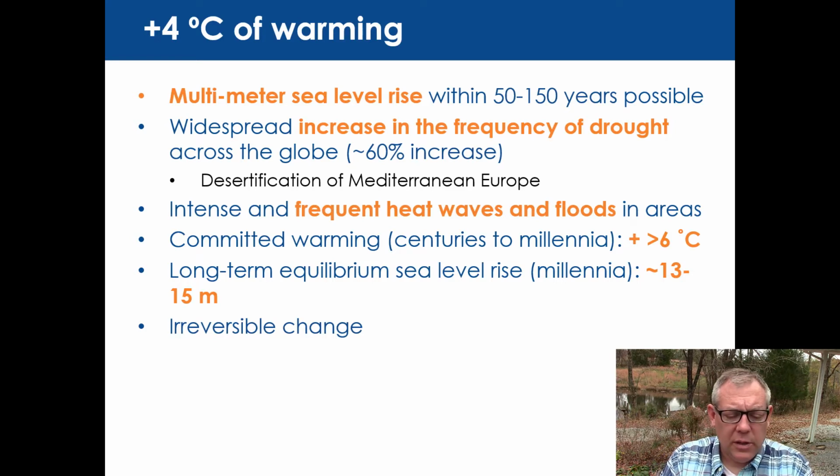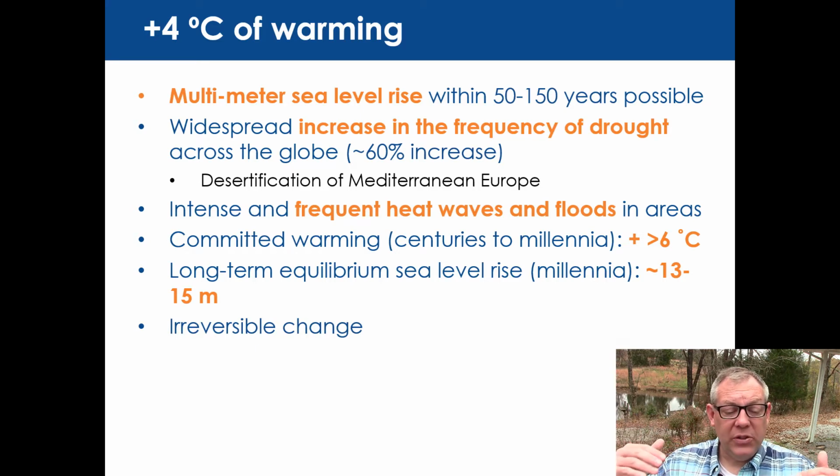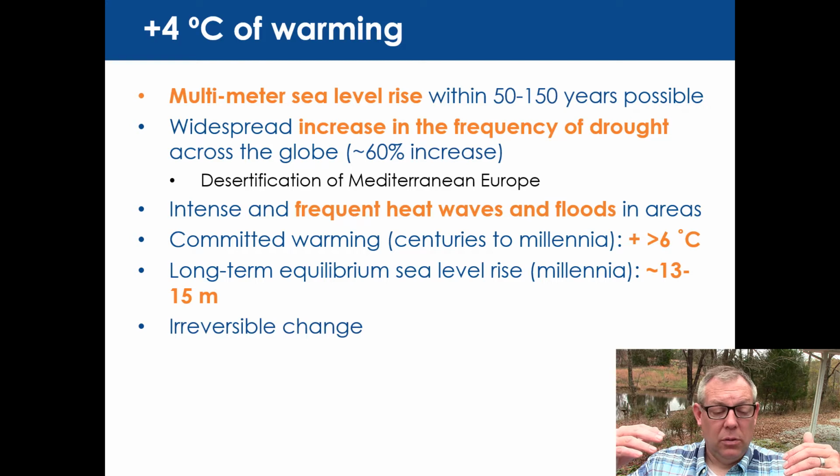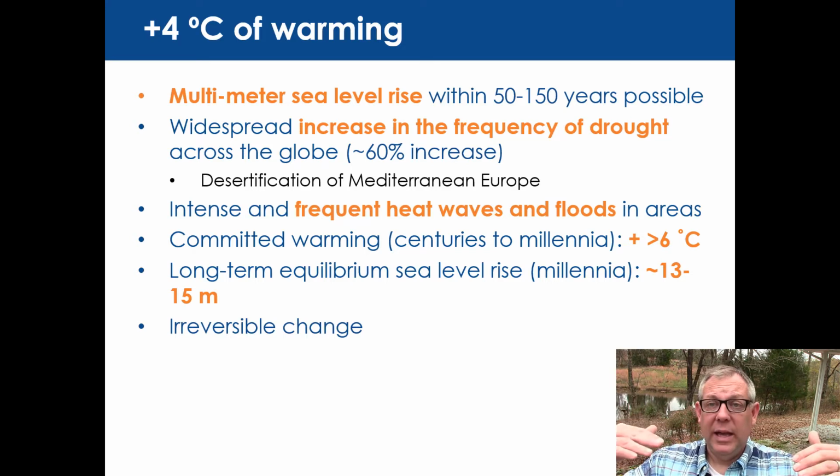Okay, so now we don't need to look in detail at every one of these bullets, but these are just some of the things that are predicted to happen with such an increase in global temperatures. You're looking at multi-meter sea level rise, right? And lots of people live near the water, and so rising water levels of several meters is going to have tremendous flooding.